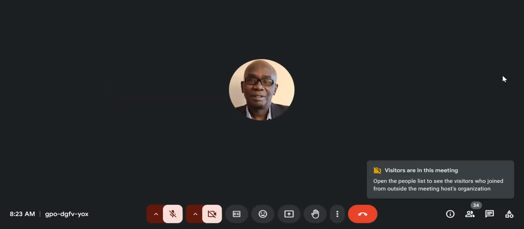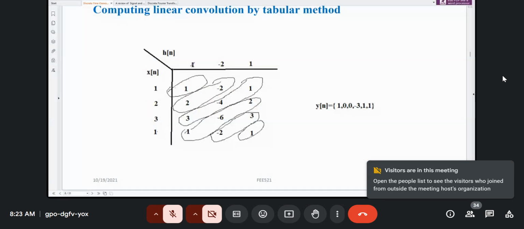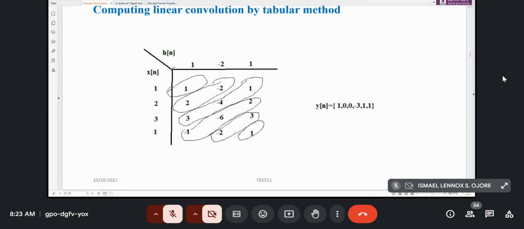This is 1, minus 2, 1. So this is h[n] and this is x[n]. It will not make a difference if you put them the other way around.